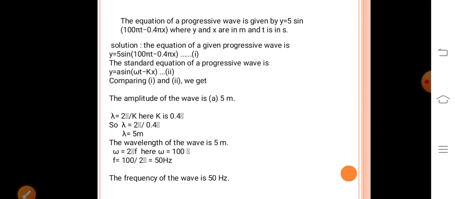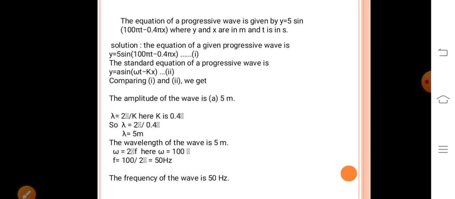Here k is 0.4 pi and omega is 100 pi. When we compare the standard progressive wave and the given equation, a is 5. So lambda we find is 5 meter.